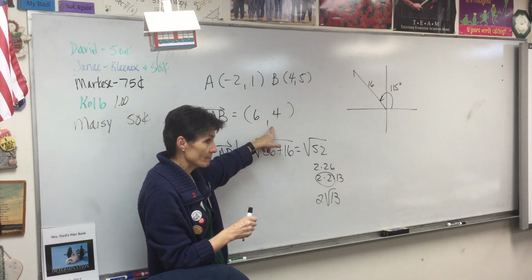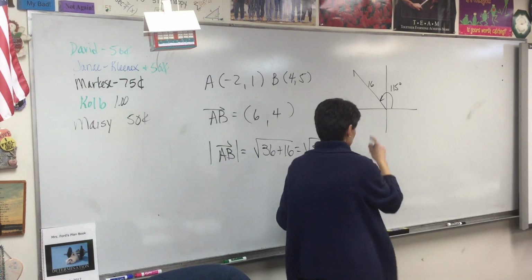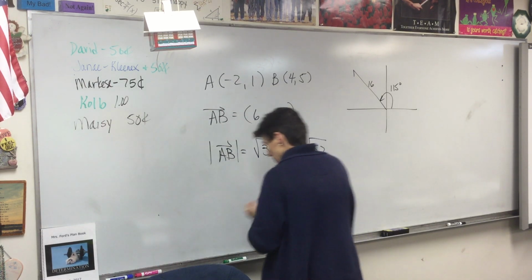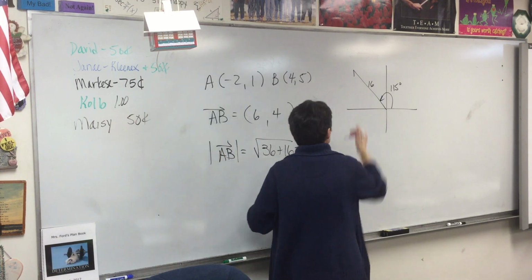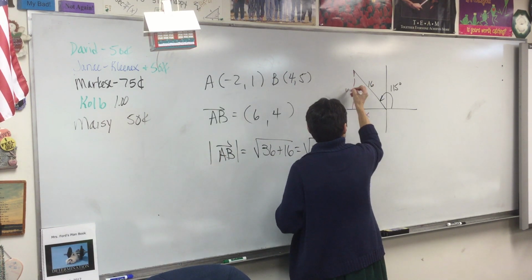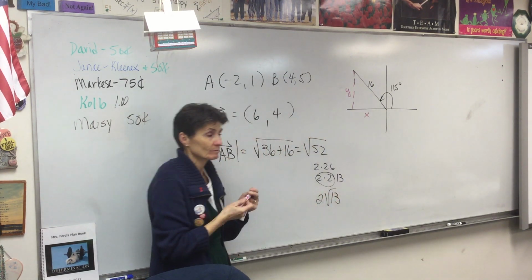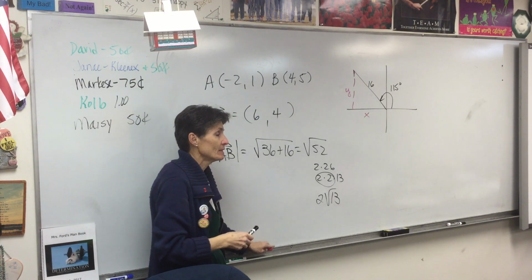X, Y. So somehow out of this setup, I have to find an X and a Y. That's my answer. I do sine and cosine.